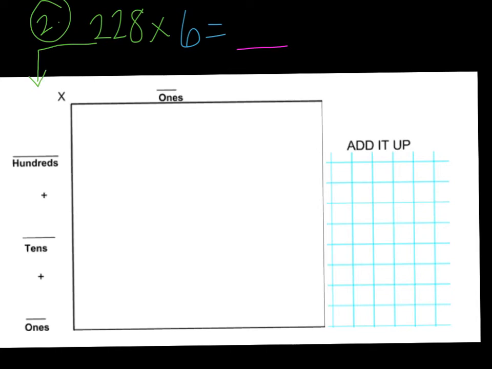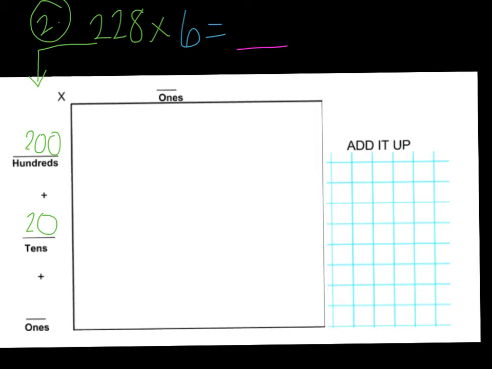So the first thing I'm going to do is look in my hundreds place. In my hundreds place, I have a 2. So down here, it's 2 hundreds, or 200. In my tens place, I have a 2, so I'm going to bring that down, or 2 tens, which is a 20.